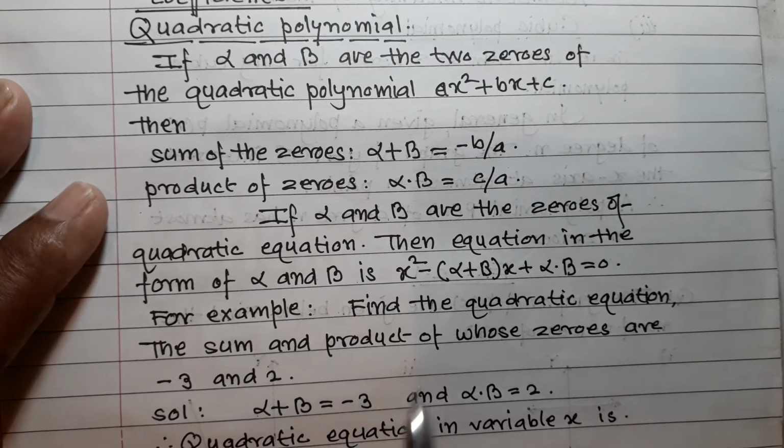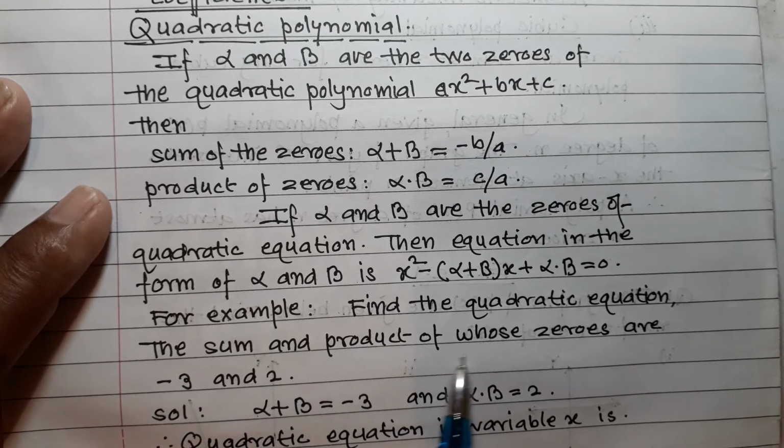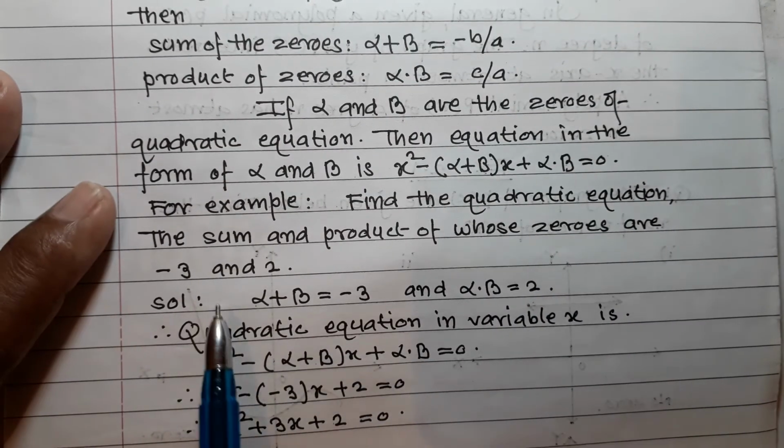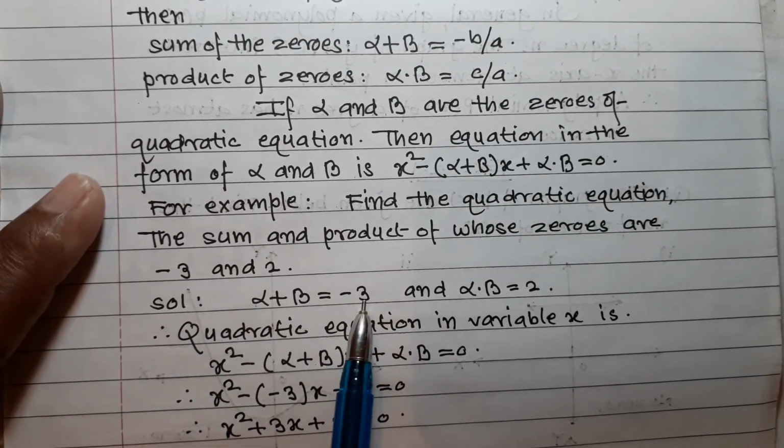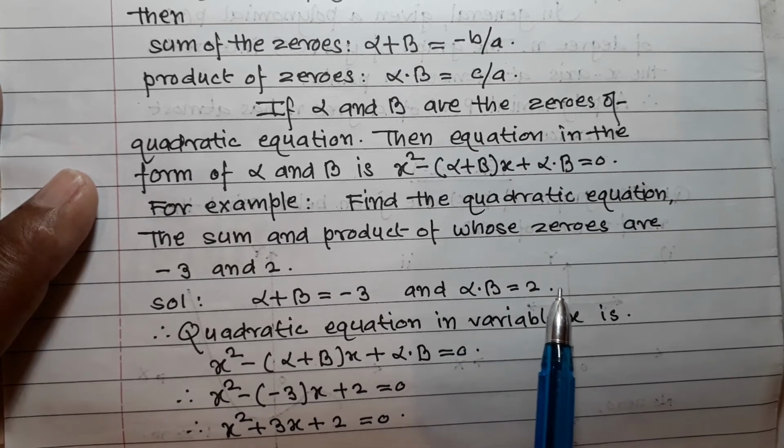For example, find the quadratic equation, the sum and the product of whose zeros are minus 3 and 2. So solution: alpha plus beta is equal to minus 3 and alpha into beta is equal to 2, given.